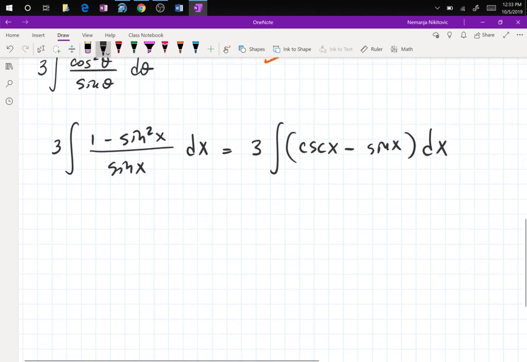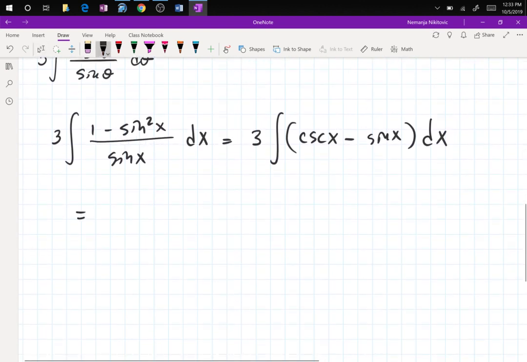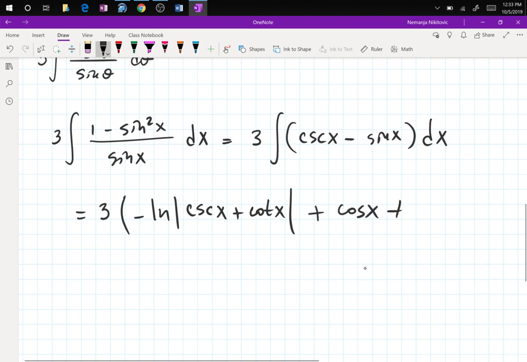And now cosecant is the evil one, right? So that's going to have that ln, oops, the negative ln of cosecant x plus cotangent x in absolute values, and then you have the integral of sine, which is negative cosine, so it's going to be plus cosine x plus c.